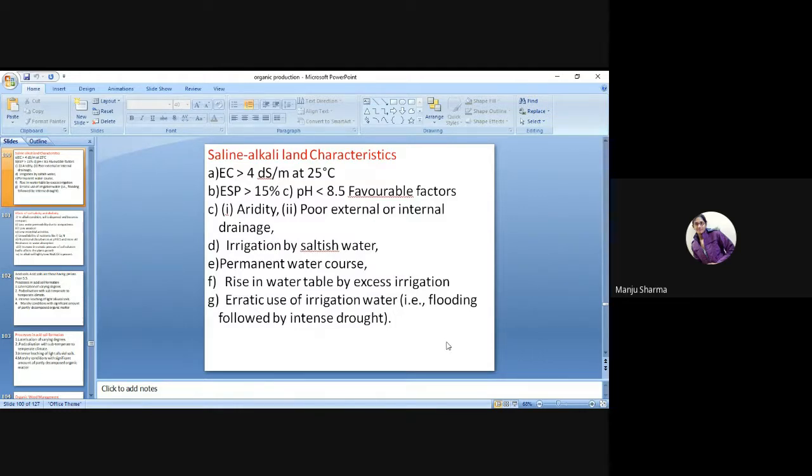Then erratic use of irrigation water, that is flooding followed by intermittent drought.